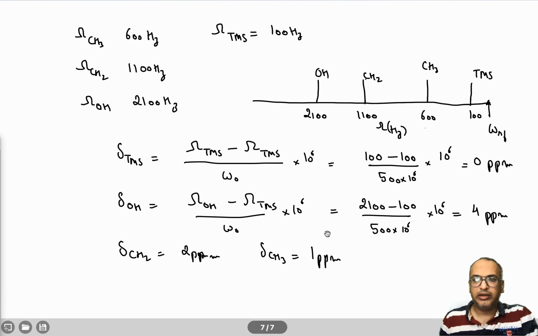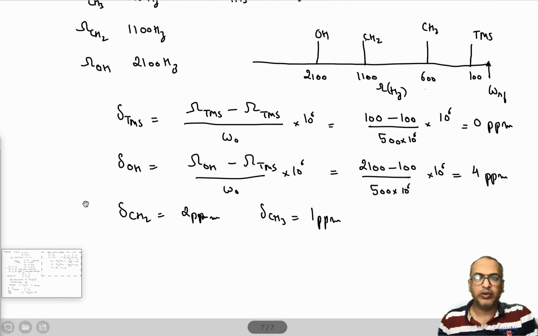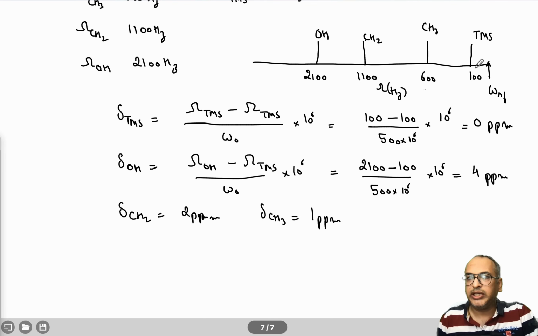Now let us change the carrier frequency. If we change the carrier frequency to TMS, let us now keep our carrier omega RF at TMS. That means the offsets will change. The new offsets will become 0, 500, because now the offset is with respect to this, 1000, and this will become 2000.